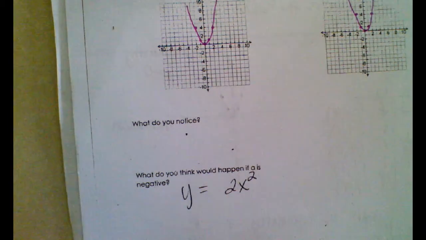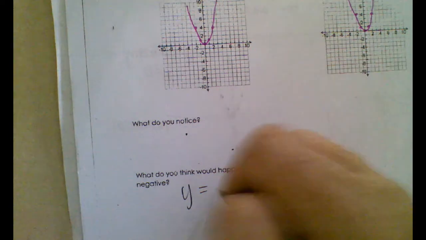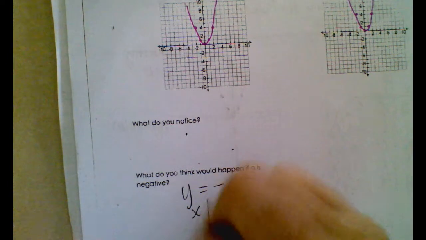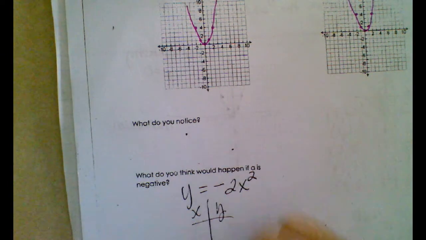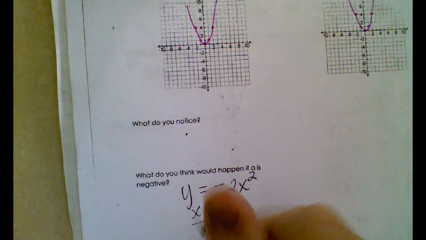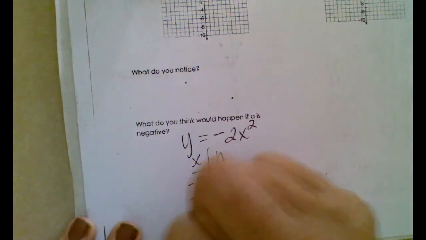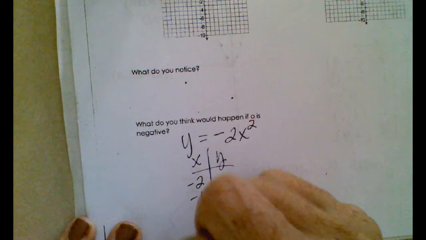So I'm going to take that same y equals 2x squared, but instead of 2x squared, I'm going to change it to negative 2x squared. So you ready, Gage? Okay. So we're going to put our 0 in the middle. What numbers do you want me to use for my inputs, Gage? Perfect. Sounds good to me.